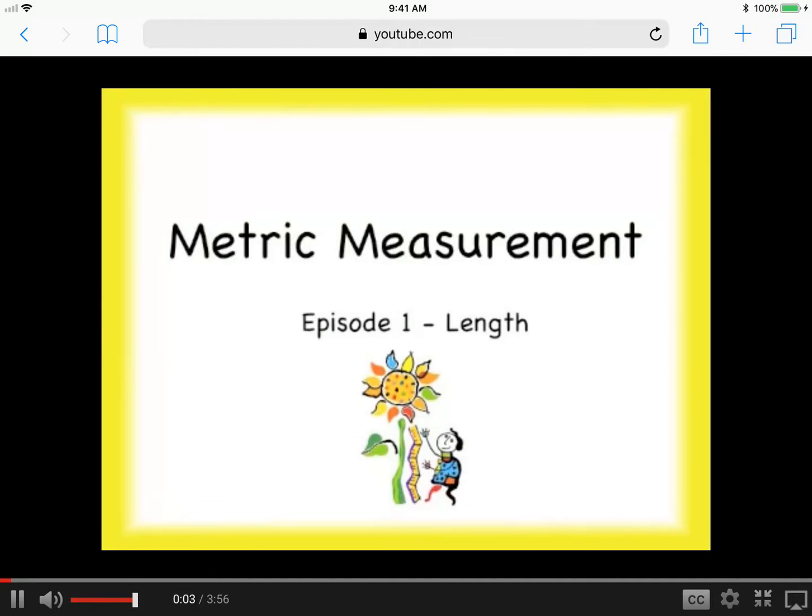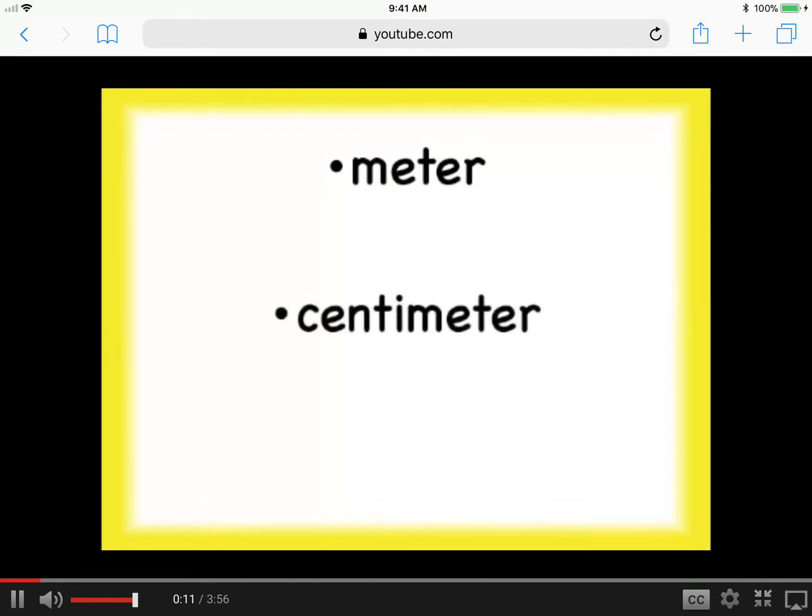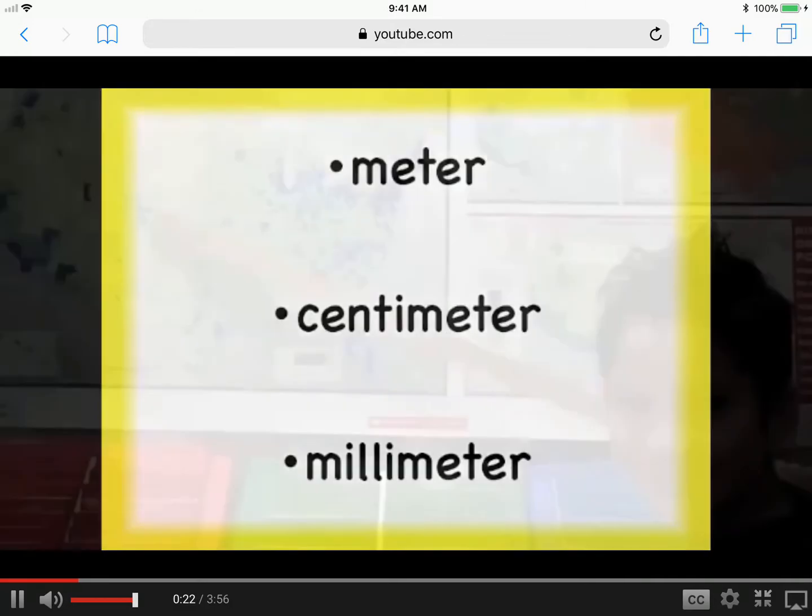Welcome to the first episode of Metric Measurement About Length. Here, you will learn how to identify and describe the size of a meter, centimeter, and millimeter. This can help you to estimate how tall or short, far or close, wide or narrow something is.